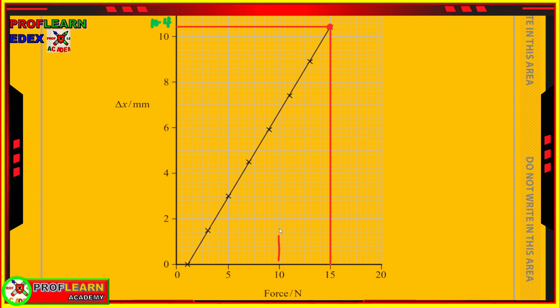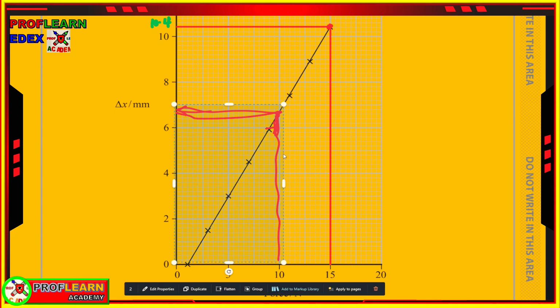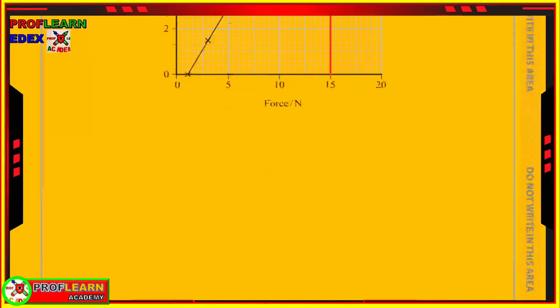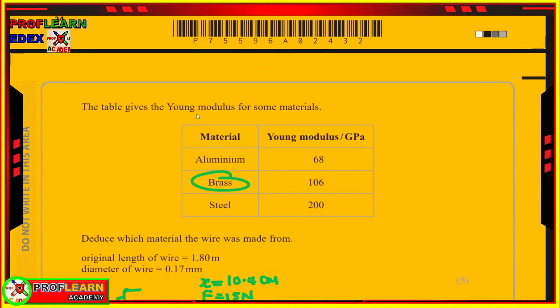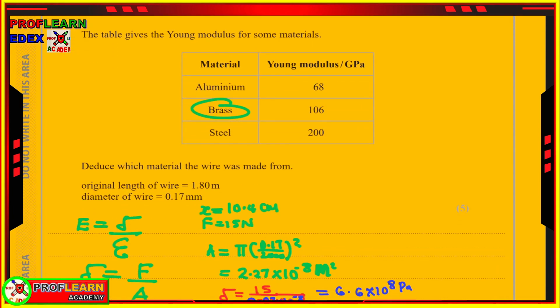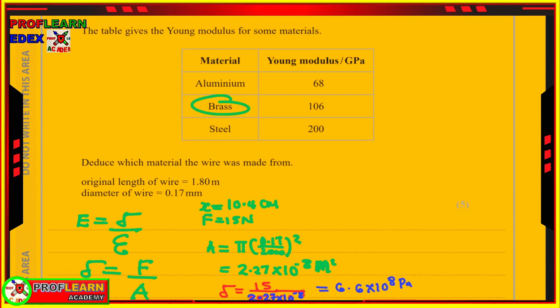You could even say here, you check which value at this point, and you just draw a straight line there, and then you can identify the extension and the corresponding value of the force. Using that, we were to deduce the material of this wire, whether it was brass, aluminum, or steel. You see what I did: I identified the extension and I also identified the force from the graph.